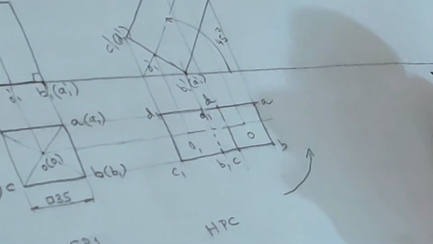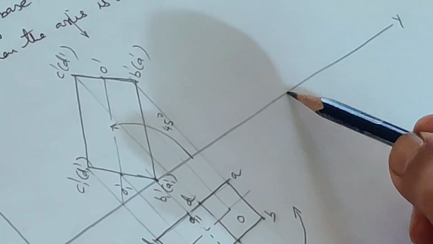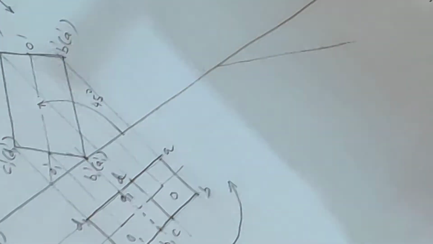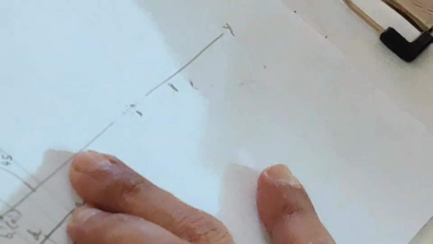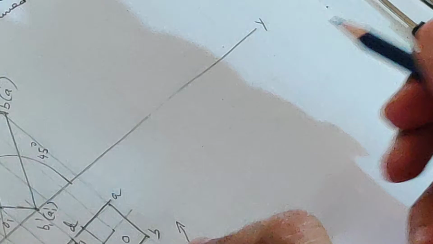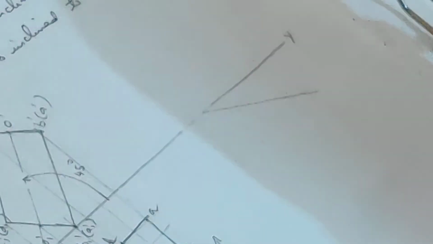So I'll start by drawing AB first, inclined at 30 degrees to the XY line. This is 30 degrees. I will mark it later.